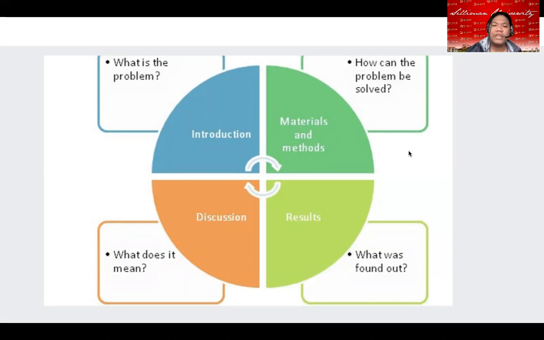Basically, the introduction contains the answer to the question, what is the problem? Upon identifying the problem, you must also inform yourself with respect to what the literature has to say regarding the problem that you have chosen.